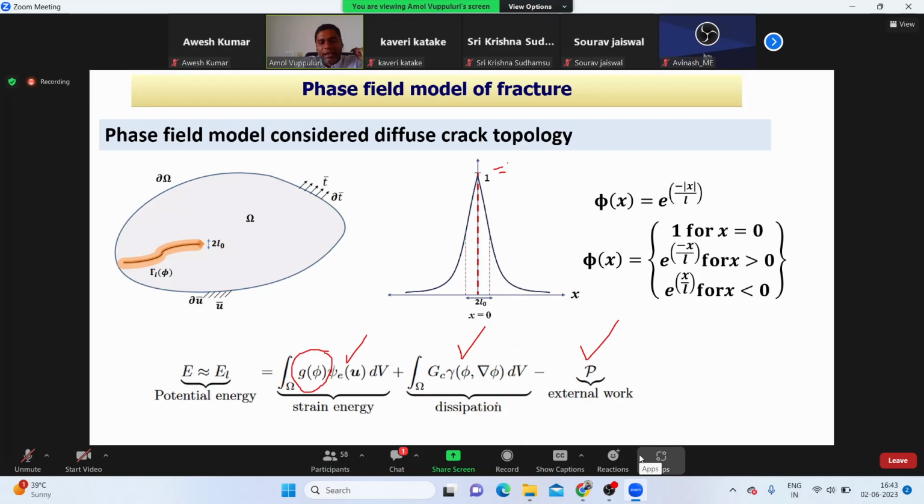So when you are writing the crack surface density function, it should be a function of phi as well as the gradient of phi. So the surface energy term now will be the volumetric integral of Gc multiplied by gamma, which is a function of phi and grad phi, and this integral is done over the volume of the body, minus the external load that is applied.